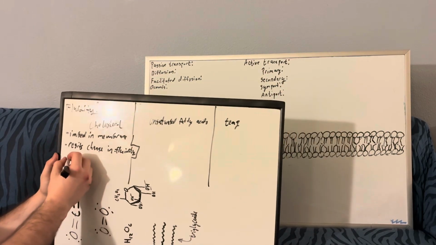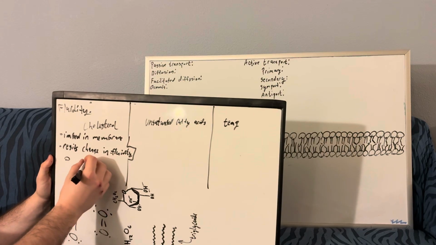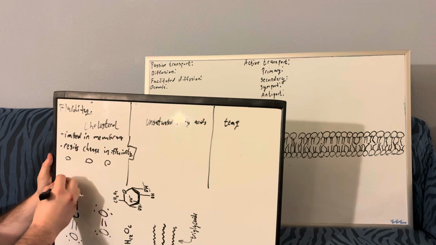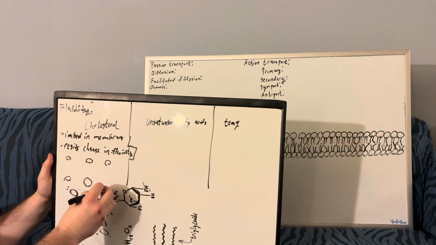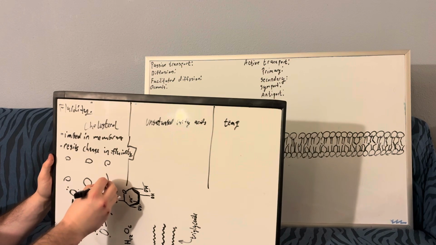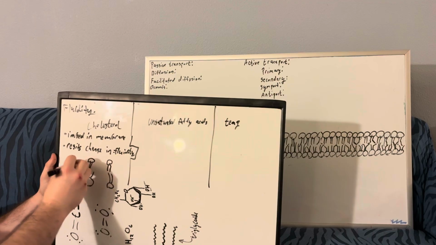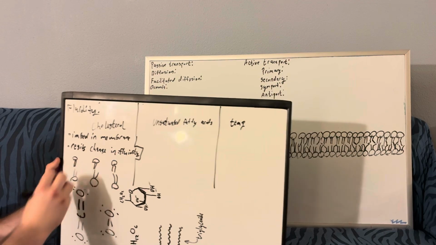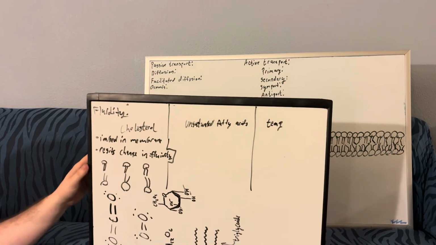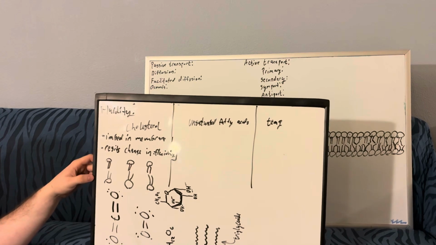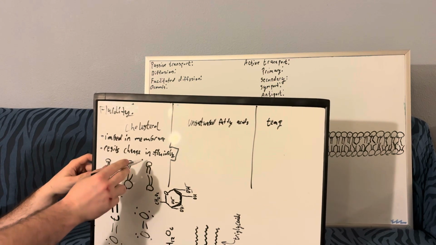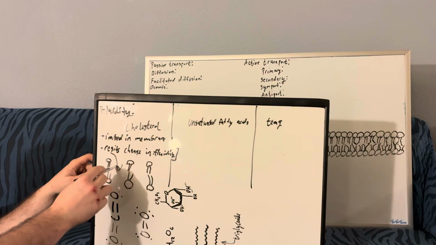But let's think of another situation. In this one, our cell membrane is really, really fluid. Look how spread apart these phospholipids are. If it gets too fluid, that's going to create a problem. If there's too much space between these phospholipids, anything can just get through.